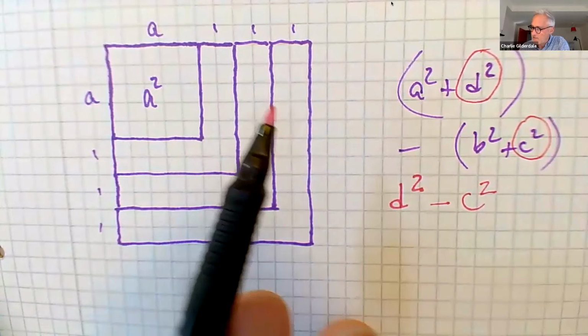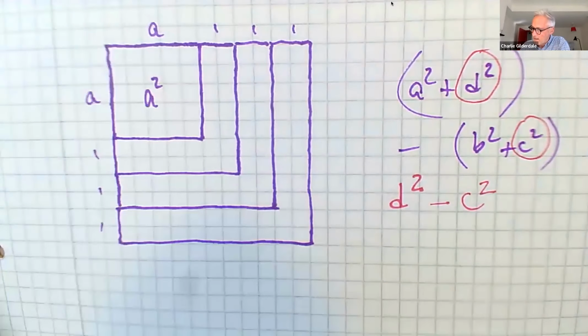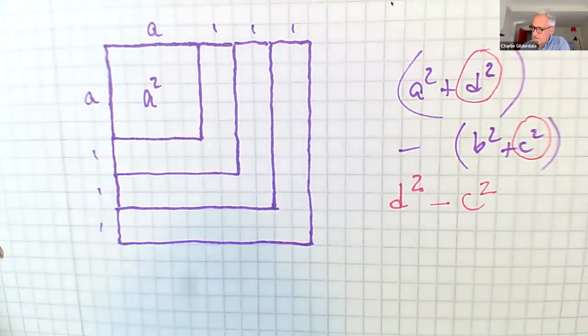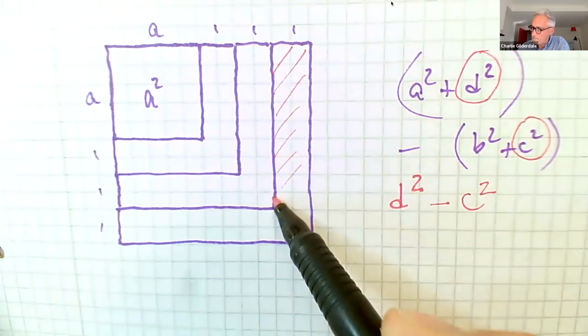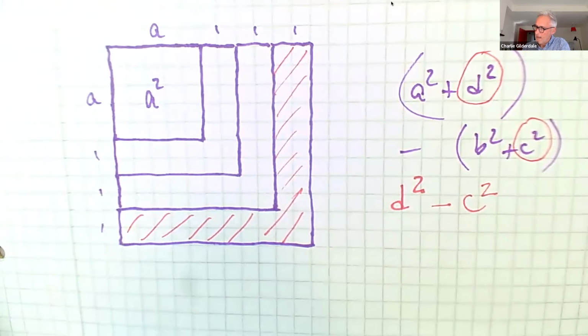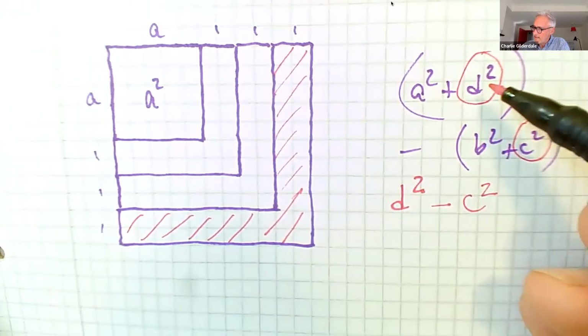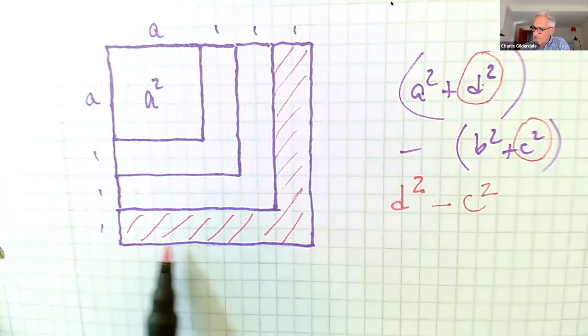This is d squared, this is c squared. So the difference between d squared and c squared is going to be all this section. So that's d squared, take away c squared, gives me that difference.